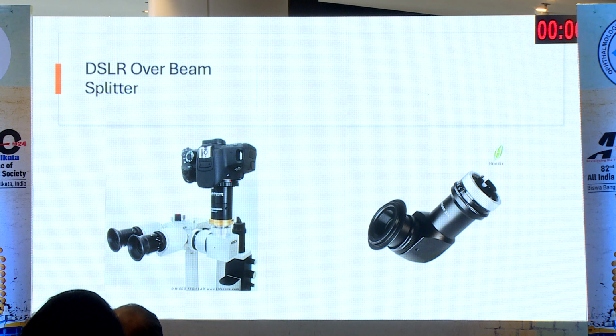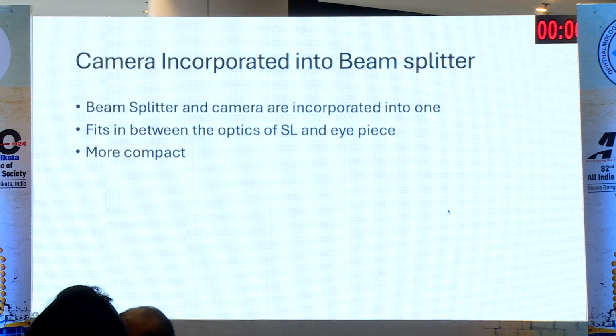So here is the beam splitter, and there you need an adapter to convert that image to the rings or to the place where the lens is fitted onto the body of the camera. So this is an adapter, and there are many different forms of adapters available for different cameras.